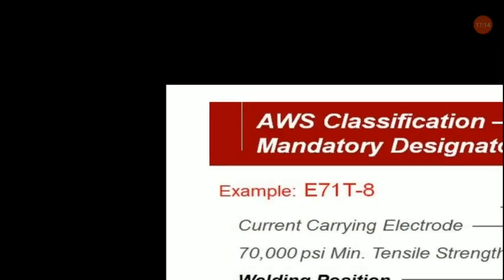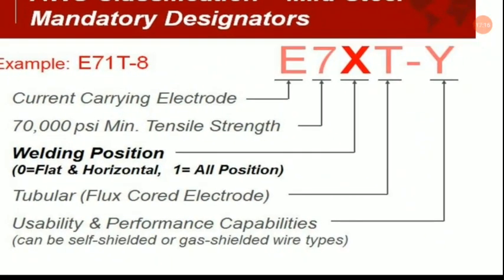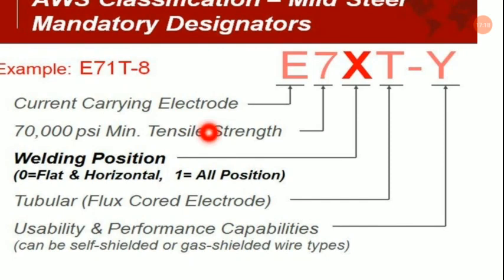So here is an example, as I have taken, of a mild steel. Similarly, E is the current carrying electrode, so E designates the electrode, and 7 means 70,000 psi minimum tensile strength actually, and X is the welding position.